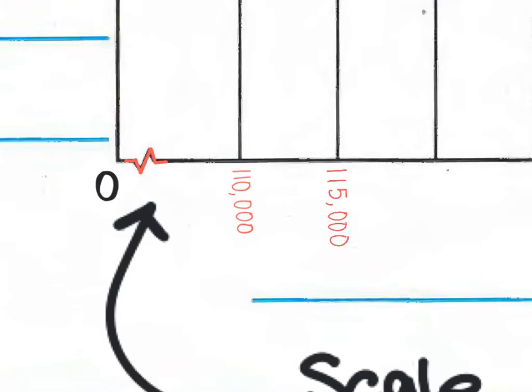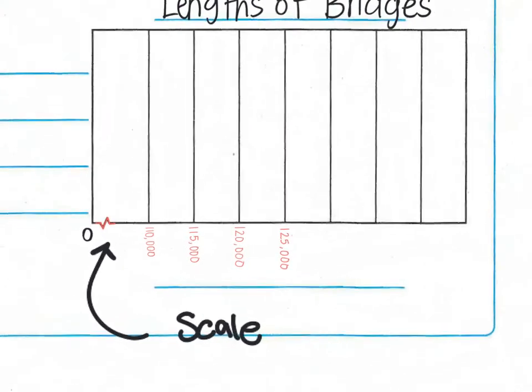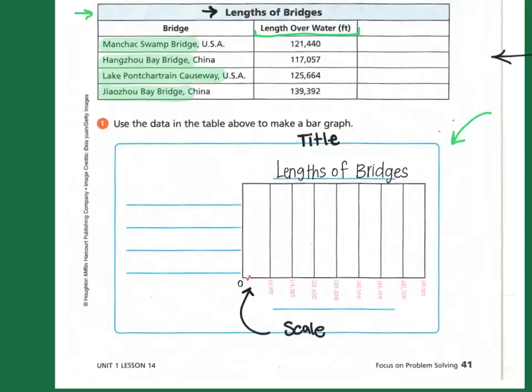My next number is 120,000. Notice I'm counting up by 5s each time so that my intervals are the same. 125,000. Okay? Finish labeling the intervals counting up by 5s each time. Once you've done that, press play and see how you did.